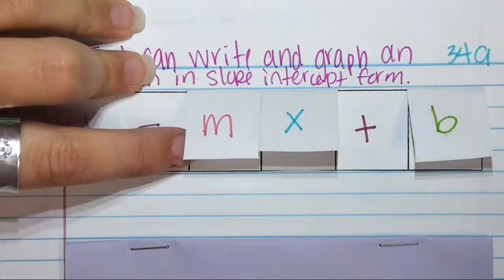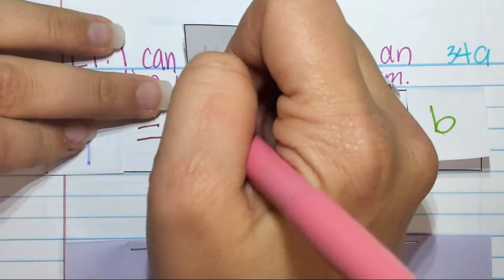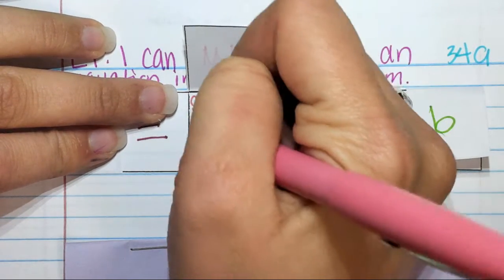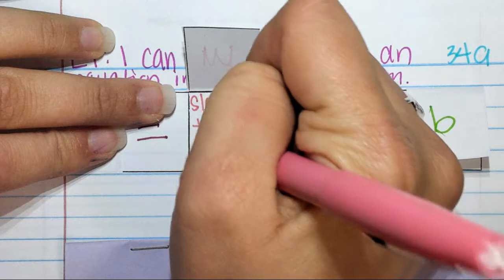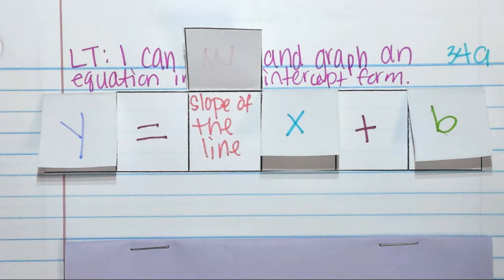Now, what does m stand for? Slope. Good. Take a point. So it's the slope of the line. So if y is the y-coordinate of any point on the line, what's x?